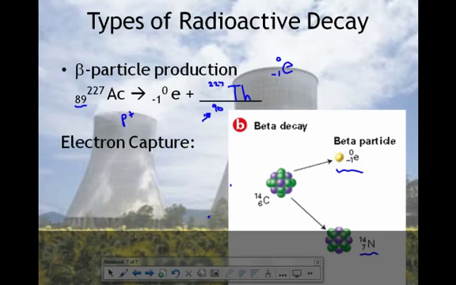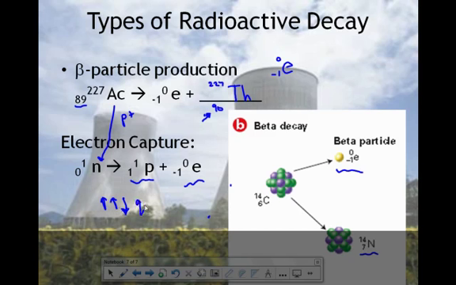What happens with beta particle production is that essentially it's the opposite of electron capture. A neutron from the nucleus of the actinium decomposes and breaks apart into a proton and an electron. Neutrons and protons are both made of quarks, up quarks and down quarks, and they have 3 each. And so the nucleus has both particles, neutrons and protons, all made of the same stuff called quarks.